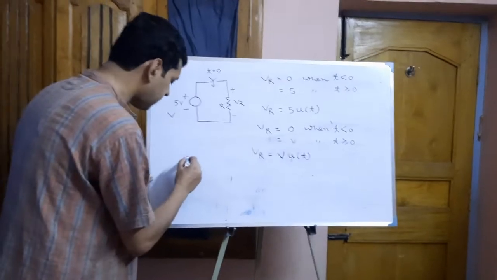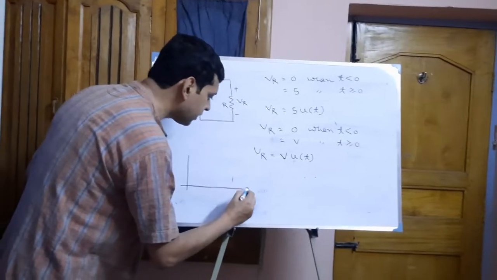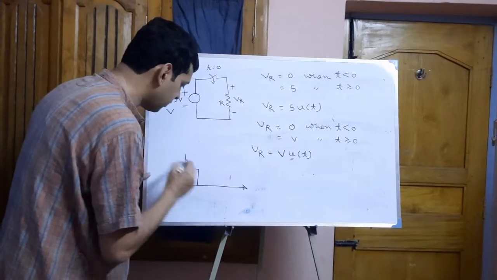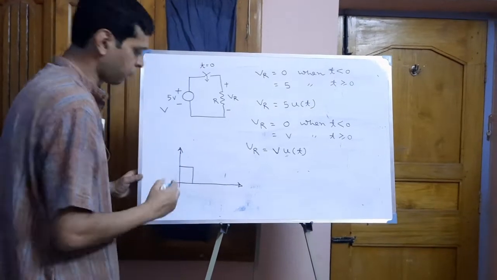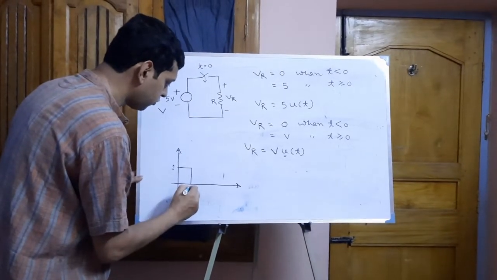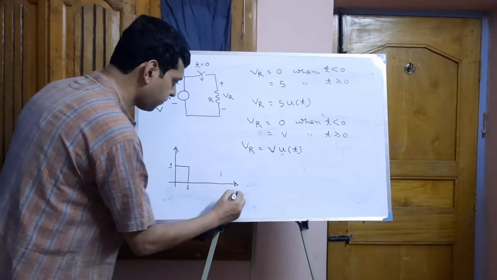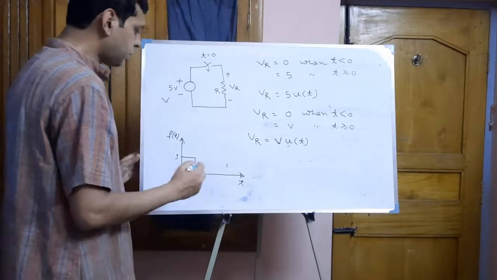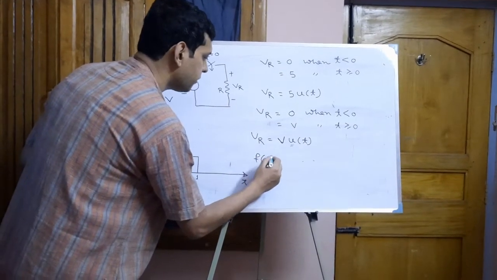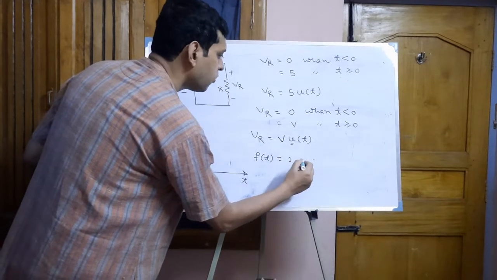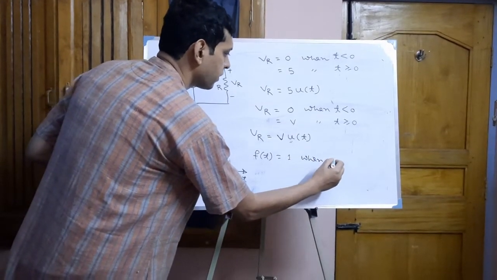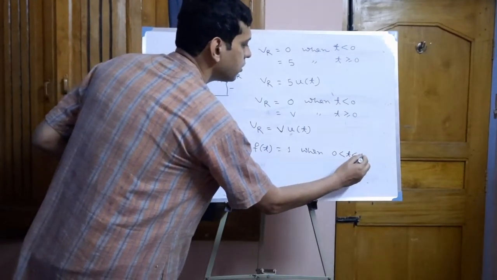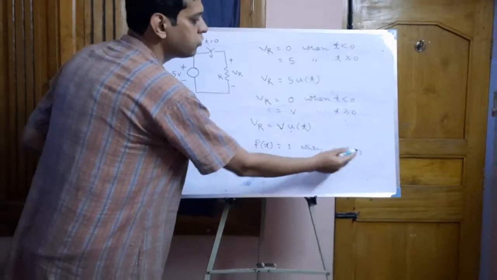Now say we want to make this function, this one. The definition of this function is f(t) equal to 1 only in this interval, from t equal to 0 to t equal to 1.